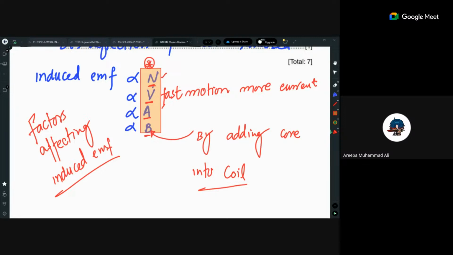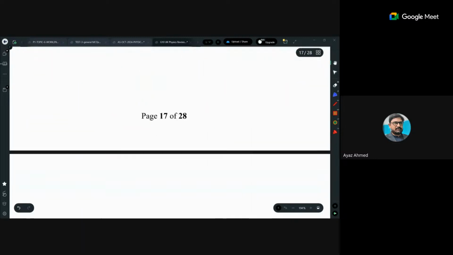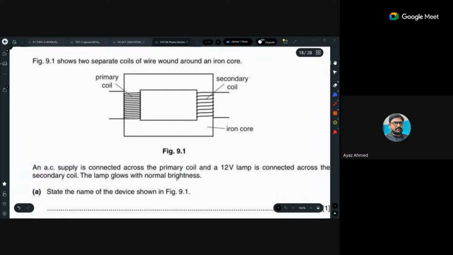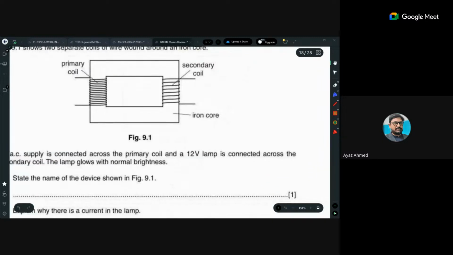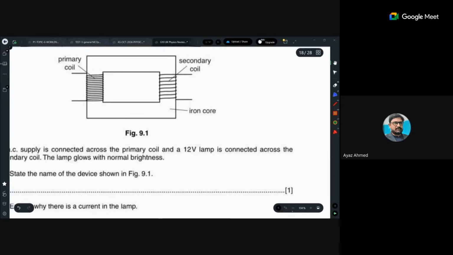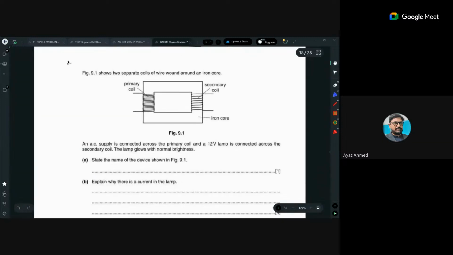The next is a transformer question. In transformers I have taught you a lot, and I believe you will be able to do that. Figure 9.1 shows separate coils of wire wound around an iron core.